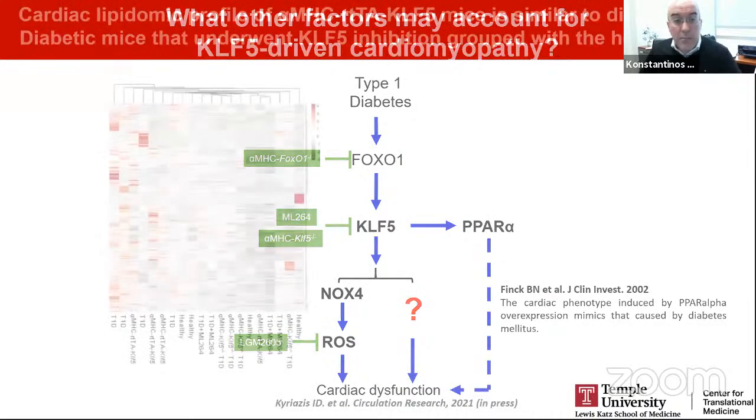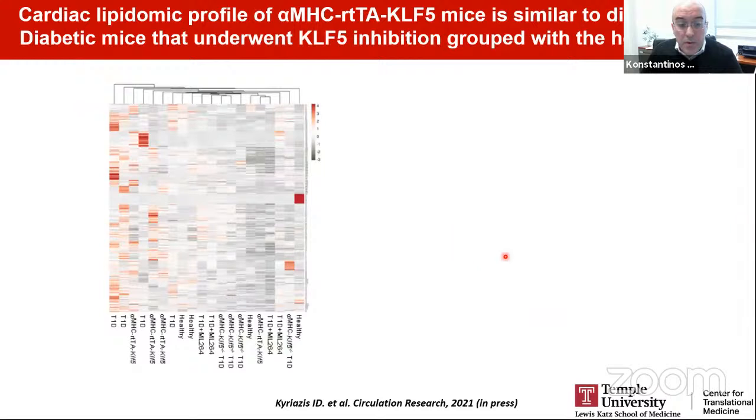We are a lipid metabolism lab, so we did lipidomic analysis in all mouse groups that we used for this project. When we did hierarchical clustering, we noticed that, interestingly, the transgenic mice grouped together with the diabetic mice, while the mice in which we had applied inhibition of KLF5 expression grouped with the healthy mice.